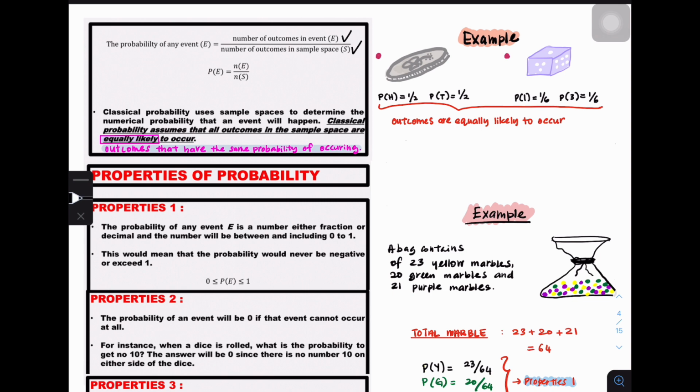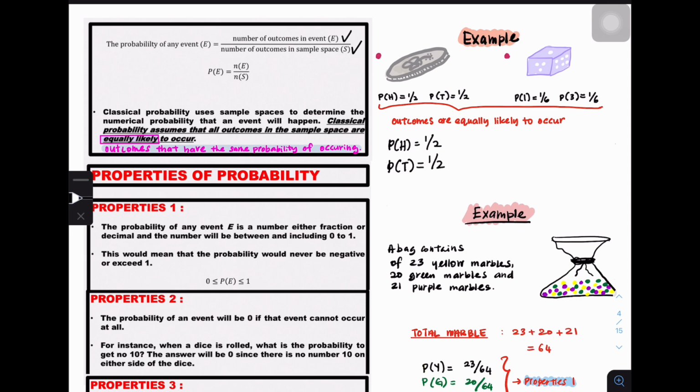Katakanlah tadi kita tossing a coin. Okay, so kita tahu probability kita nak dapat head adalah 1/2. Probability kita nak dapat tail adalah 1/2 juga. Sebab apa? Sebab dalam coin kita cuma ada satu head dan satu tail. Okay, so probability nak dapat head 1/2, probability nak dapat tail 1/2.